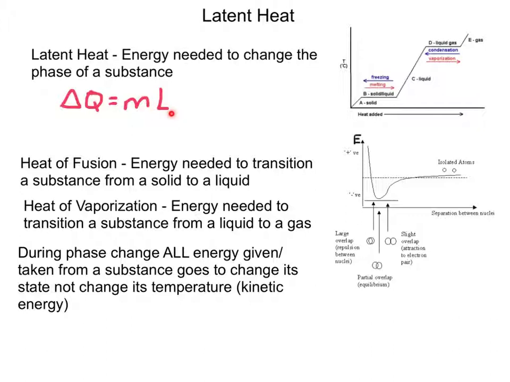Like, if I remember correctly, ice to water is 334 kilojoules per kilogram, right? And so that's what would go there. And you would give this a sign, positive or negative, depending upon which way you were going. Whenever ice or liquid water is melting, it's actually taking in energy at that point in time.